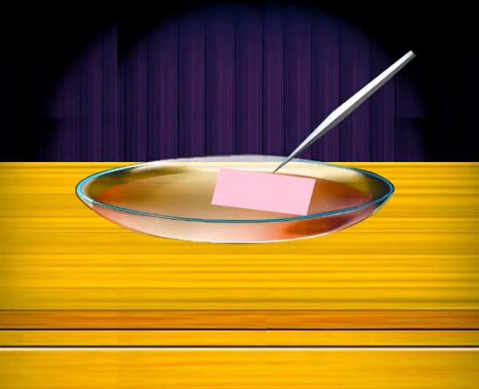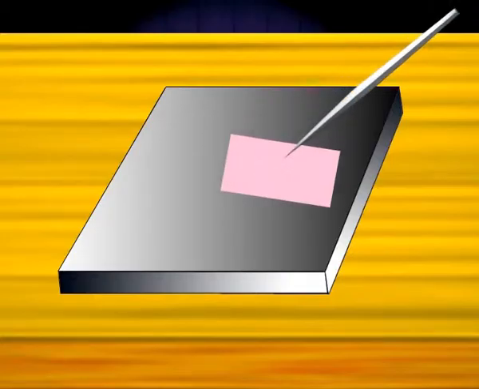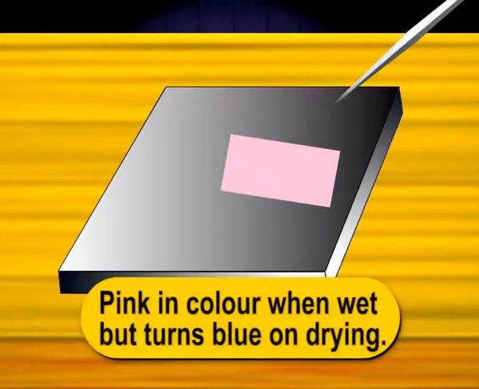Do it with the help of forceps. You see the paper strips turn pink. Let the paper dry. It is pink in color when wet, but turns blue on drying.